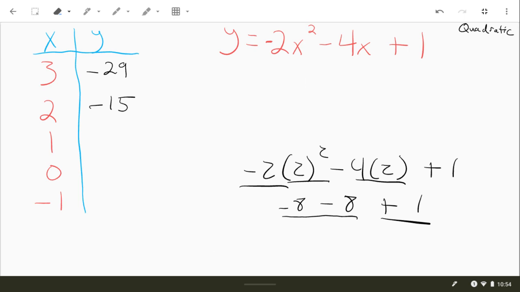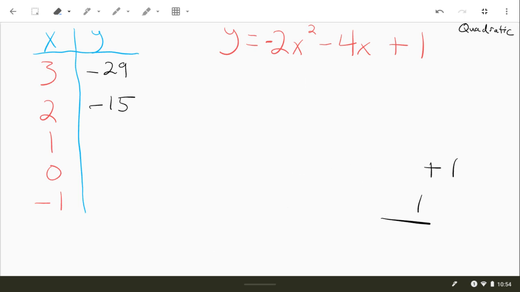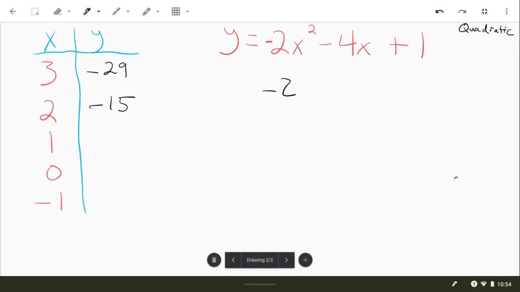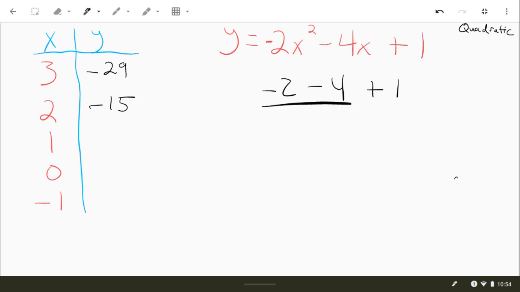This one, we're just going to plug in 1 for x. All right, plugging in 1 for x. You can do this one in your head. 1 to the second power is 1, and then you have that negative 2 there. And then 1 times the 4 is equal to 4, but you're minusing it, plus 1. All right, negative 2 minus 4 plus 1. Negative 6 plus 1, that's negative 5.